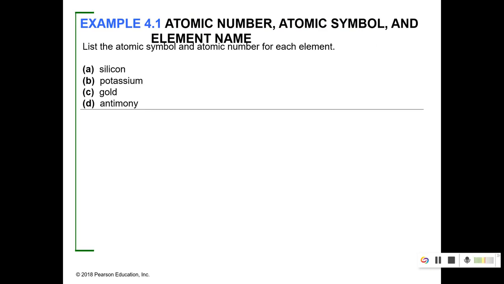All right, so here we're looking at our periodic table. So I have posted one in this chapter. You can look there, or you can look in your book. It should show you. Okay, so silicon is Si, and Si is element 14. Potassium is K, element 19.